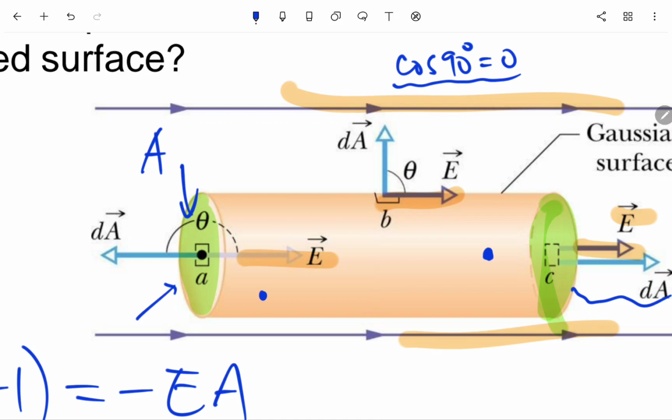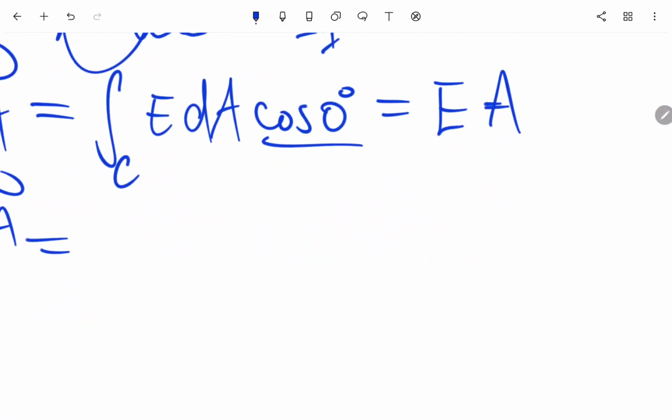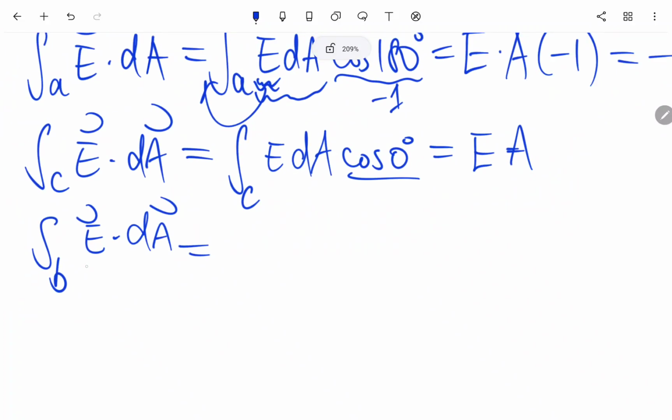So these two vectors are also perpendicular to each other, and theta is still 90 degrees. So we have cosine of 90 degrees equal to 0, which means that E dot dA is E dA cosine of 90 degrees, so this whole thing will be 0.